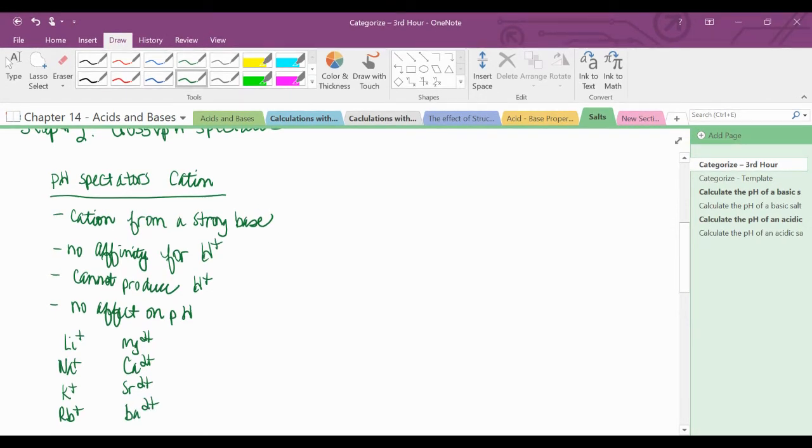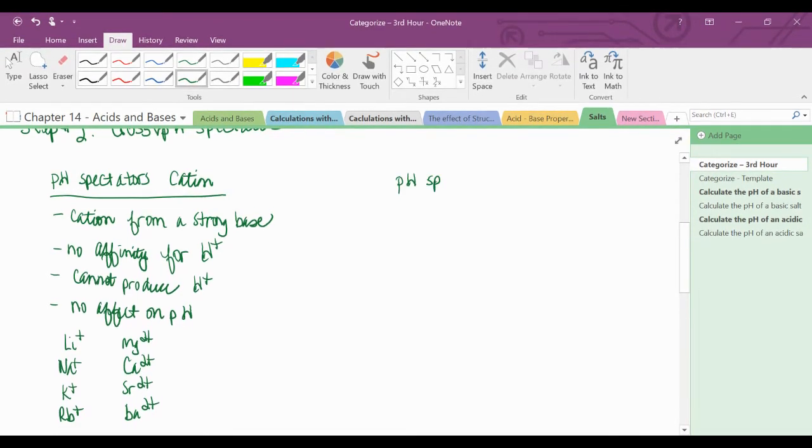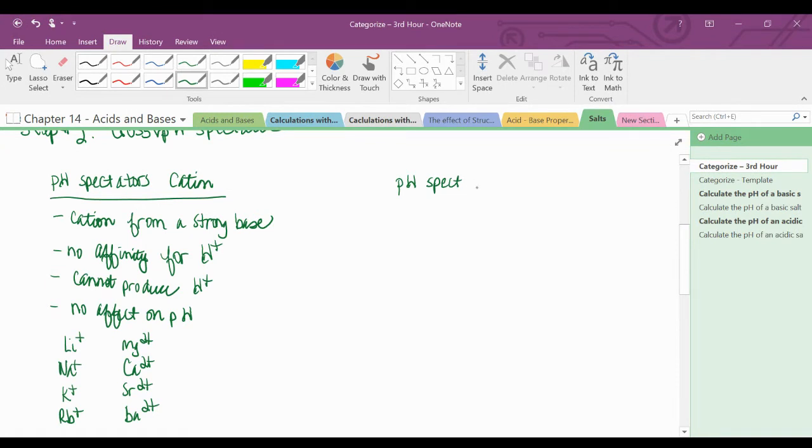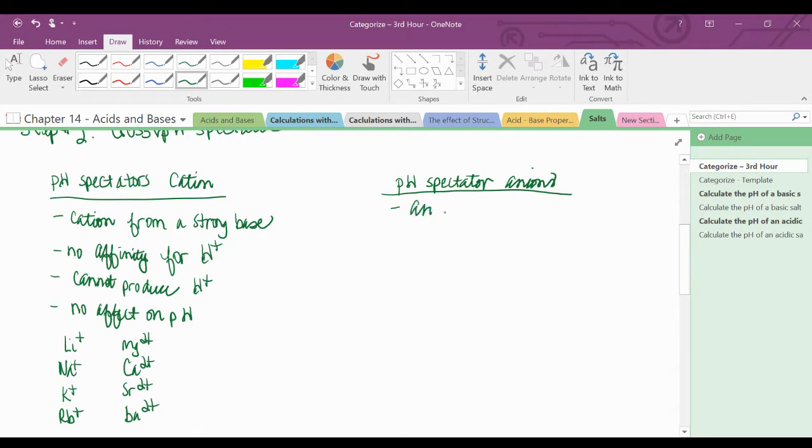Now, we can also have pH spectators that are anions. And these would be anions that come from a strong acid.